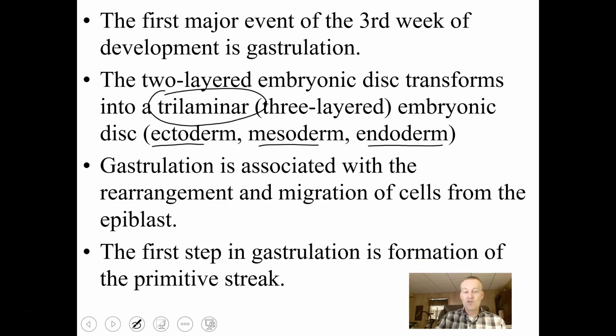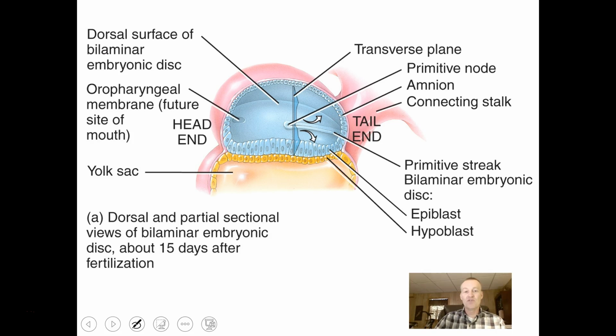The first step in gastrulation is the formation of what we call a primitive streak. So if you looked at an embryo, this is an embryo here, and we can see the epiblast cells there in blue. You can see the yolk sac in yellow being formed. So here was the epiblast, here was the hypoblast. The epiblast is going to form those 3 cell layers.